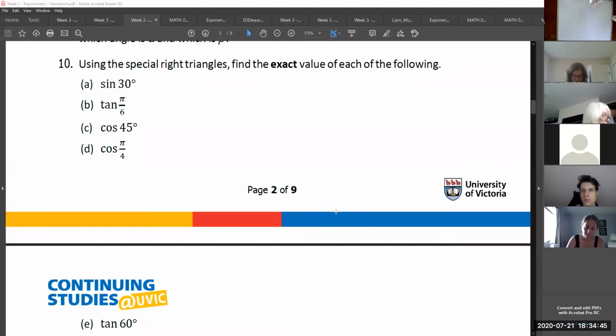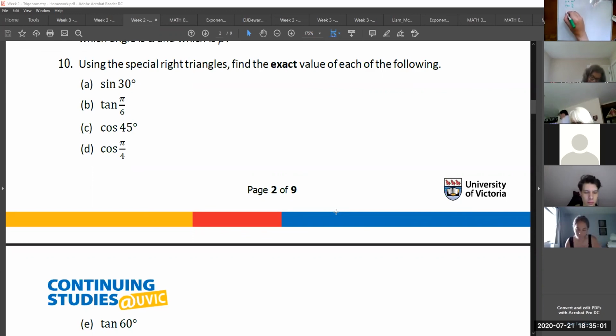Next, I was asked to do question 10, which should also cover off special triangles. Question 10, just to remind everybody, says, using special triangles, find the exact value of each of the following.